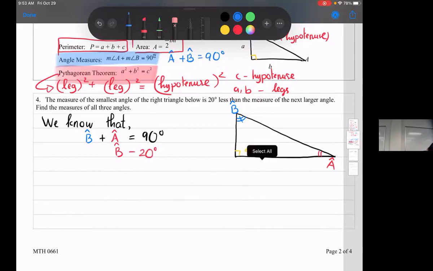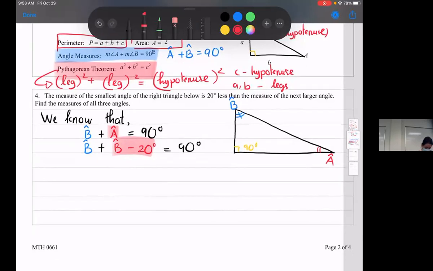And then B is B. Everything else keep the same. All you change is the A. Let me highlight what I changed. The reason I'm doing this is because I need everybody to have the same variable, so I can combine like terms and solve for one of the variables. Usually we let x be the smallest angle, right? Usually that's what we do, but here it's reversed.